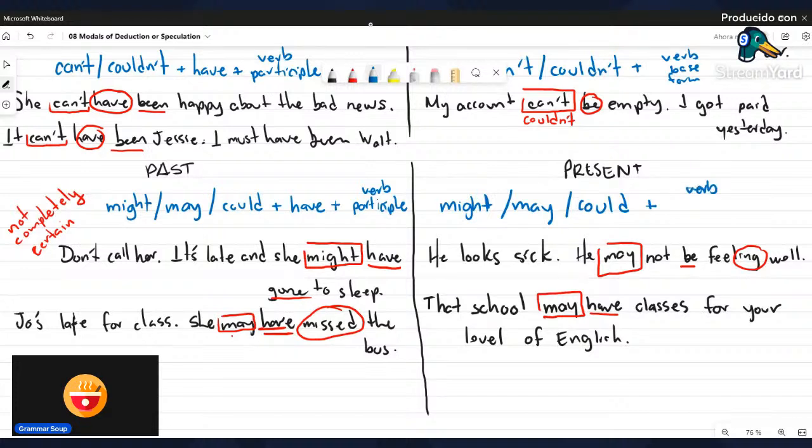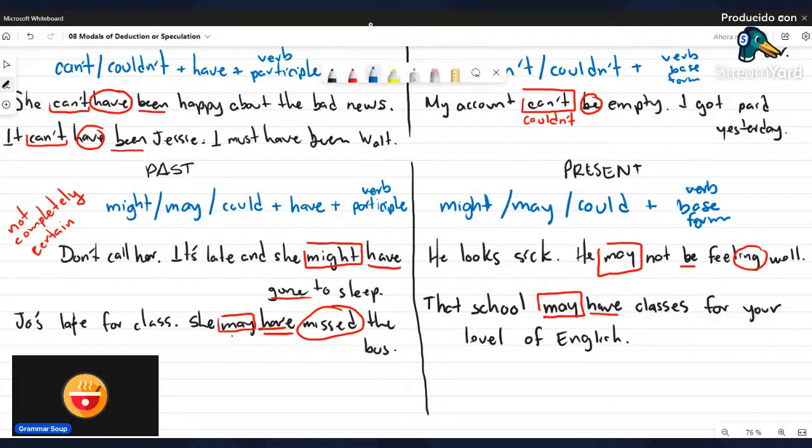Sometimes when you are using the be verb, like in the example I gave you at the beginning, may not be feeling well, that's because I'm using a progressive. It's something that the person is experiencing in that moment. He may not be feeling well right now.